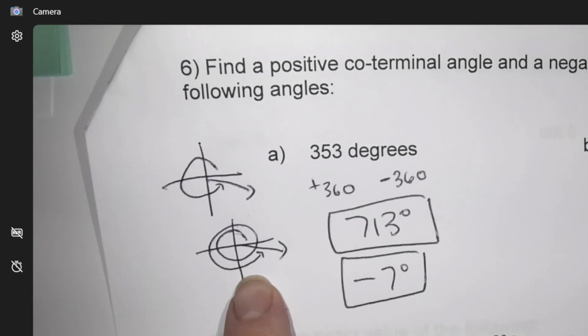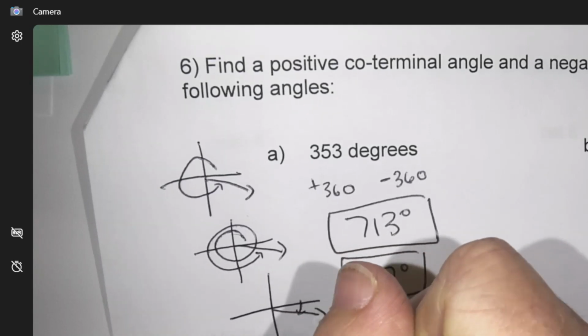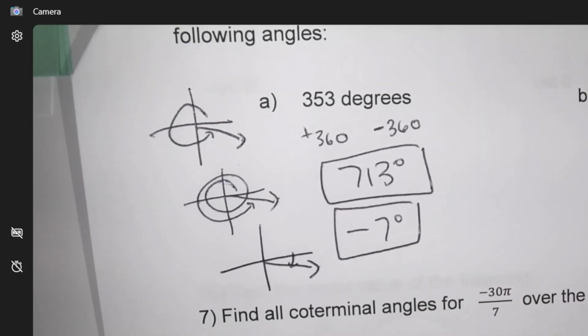This is me drawing 713. And that's the drawing of -7. So they're all 3 different drawings, but the arm is always in the same position, right? That's what this is all about.